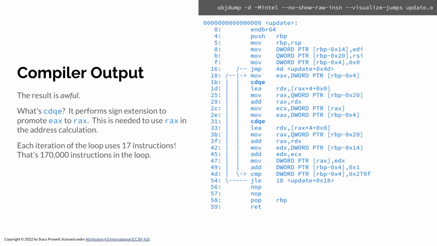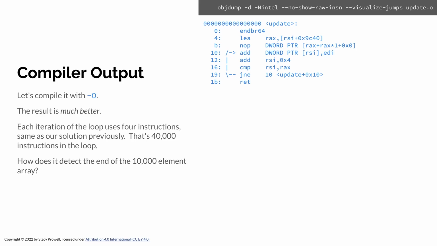That's horrible. Right? We did much better with our other stuff. Well, let's try optimizing it. So I optimize it, and this is what I get. Much better, right? 1, 2, 3, 4 instructions per iteration, or 40,000 instructions.